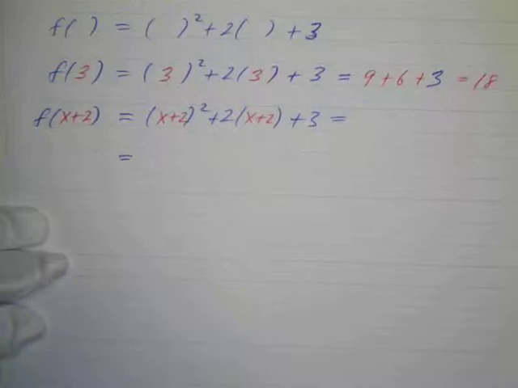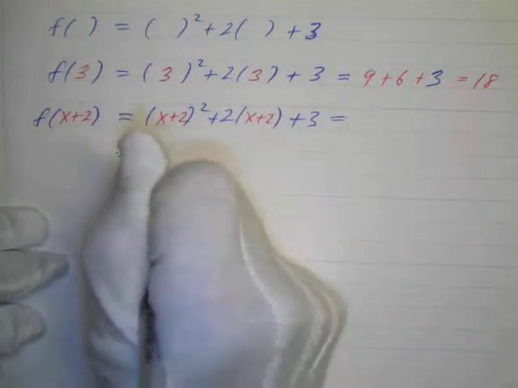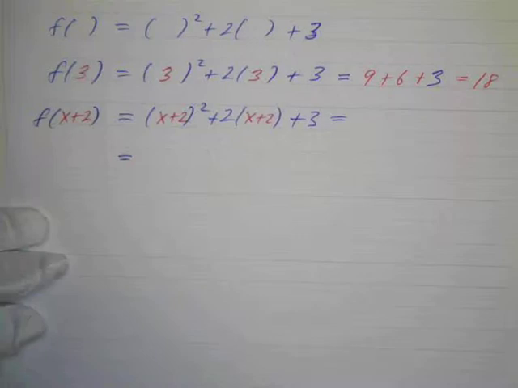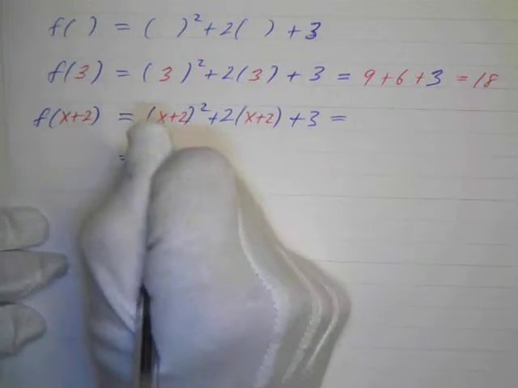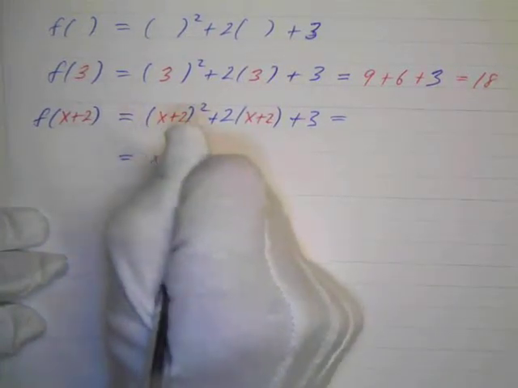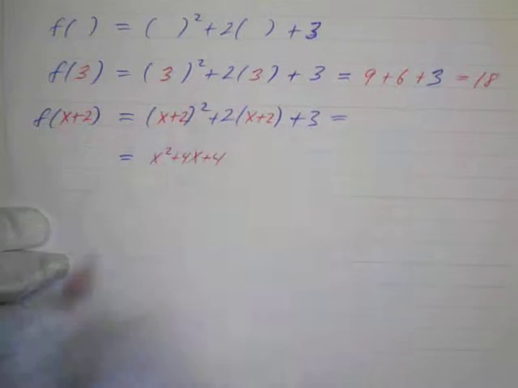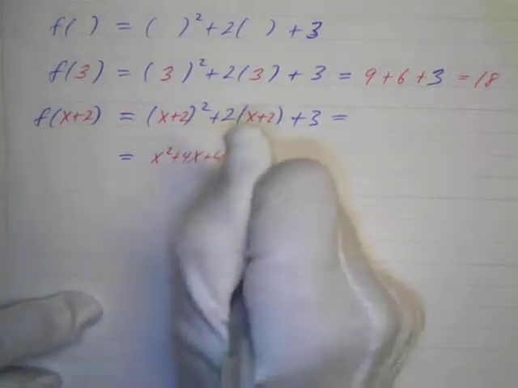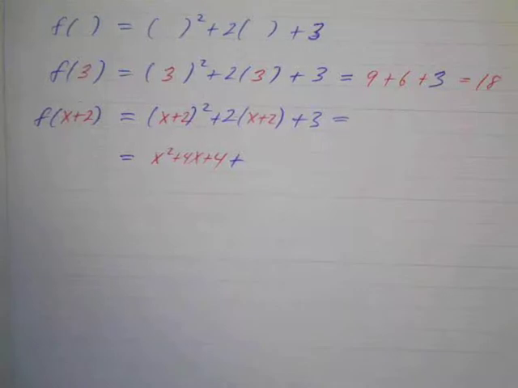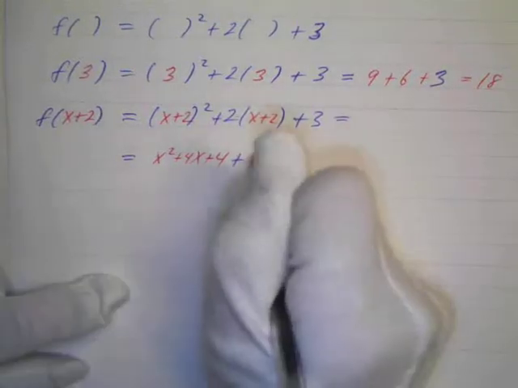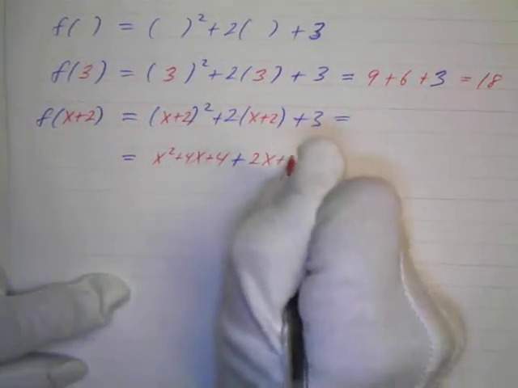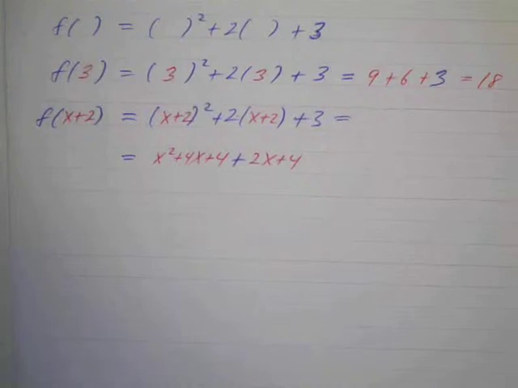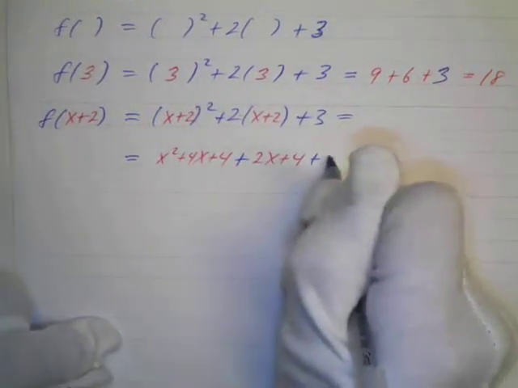So what's x plus 2 squared? Well, that's x plus 2 times x plus 2, and if you FOIL it out, you get x squared plus 4x plus 4. Plus, if we multiply 2 times x plus 2, we get 2x plus 4. And then plus our 3, which is our constant term.